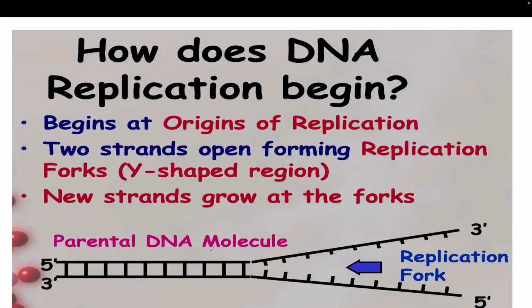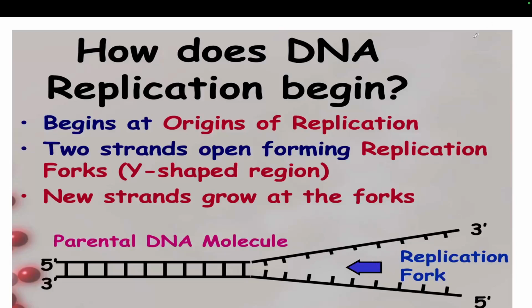So here you can see that this is the parental molecule. Once helicase comes and opens this by breaking the hydrogen bonds, it will create this type of structure. This Y type of structure is called the replication fork, because from here itself the replication will begin.